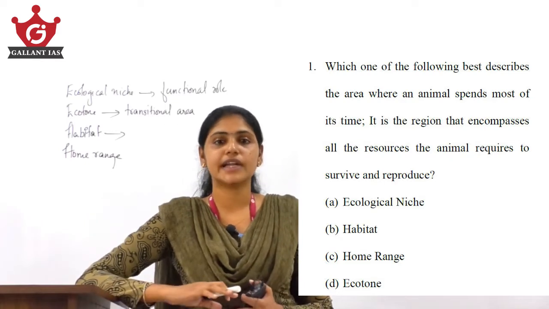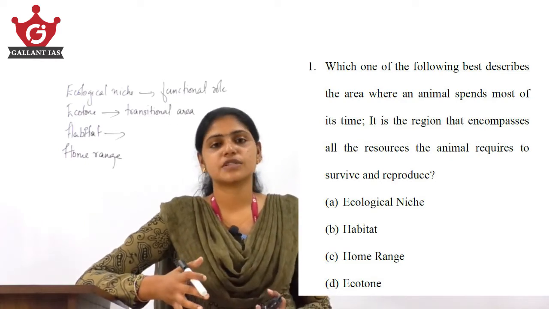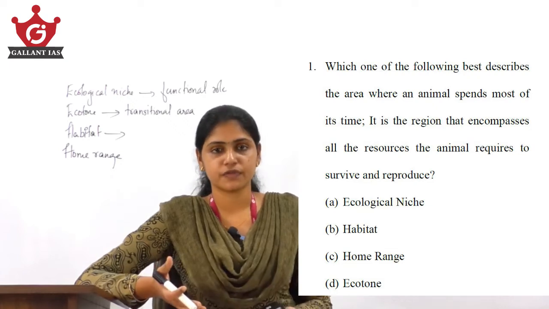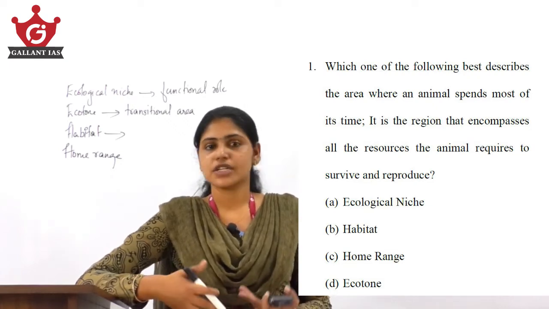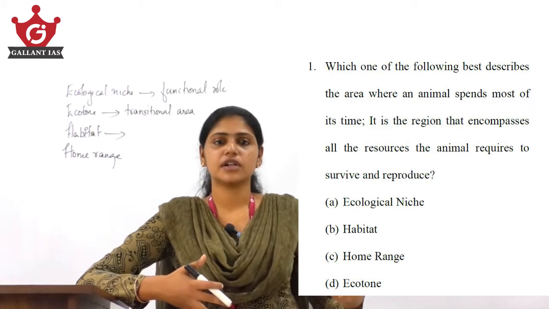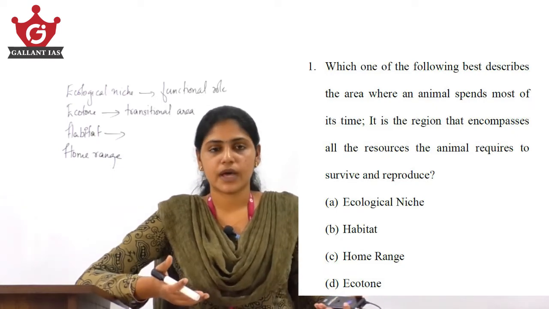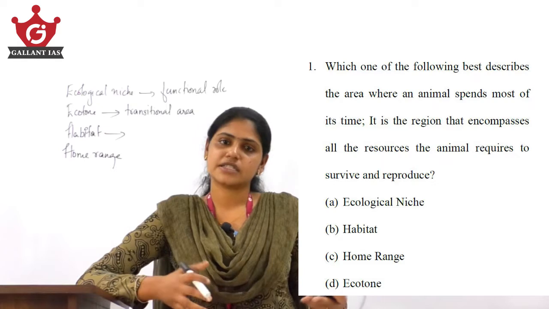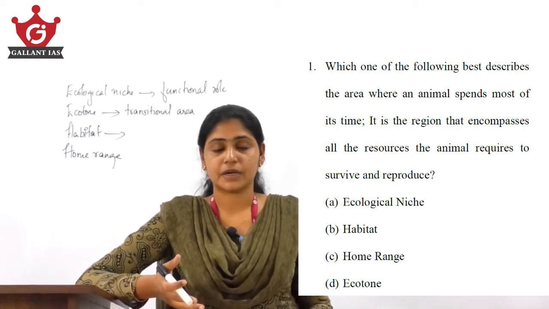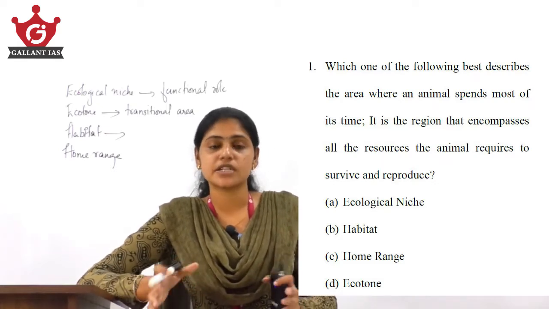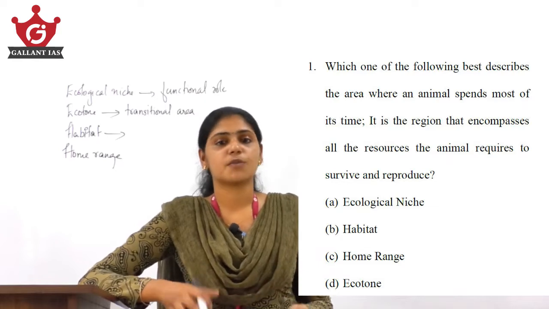That particular range of the area is what we refer to as the home range of that organism. So it is not habitat. Habitat means the natural environment where one animal resides. That is broadly what we say as habitat. But home range is that range or extent of area where the animal spends most of its lifetime.